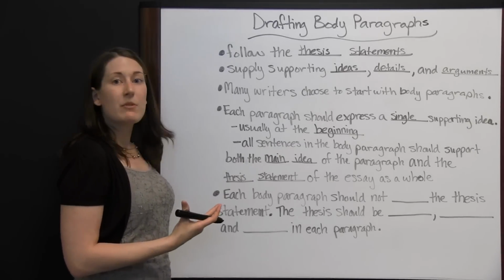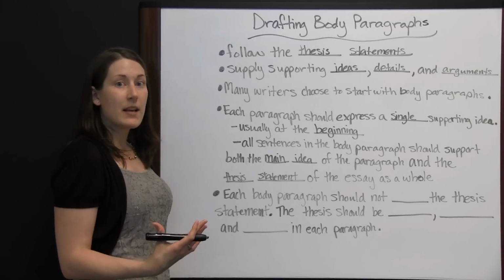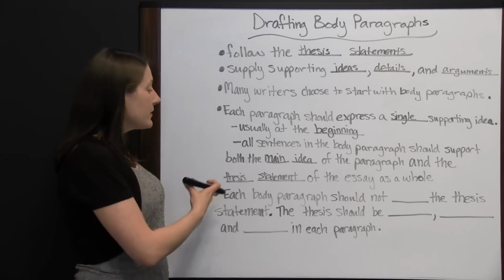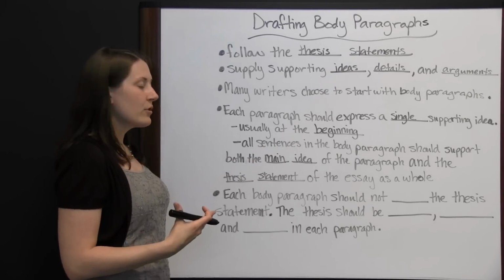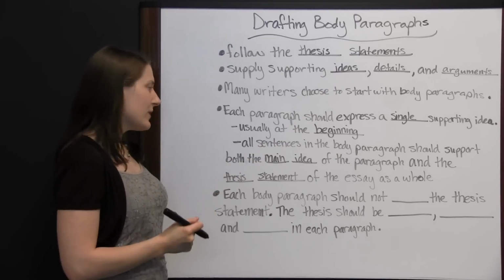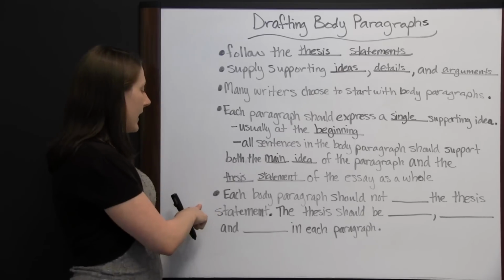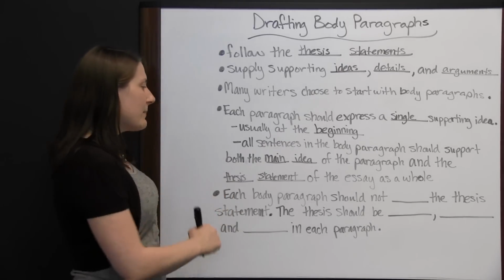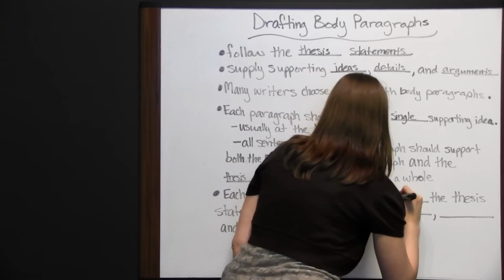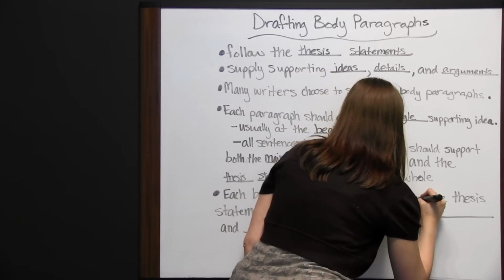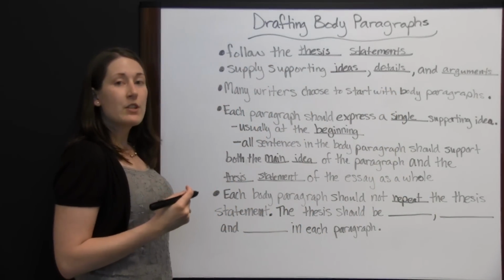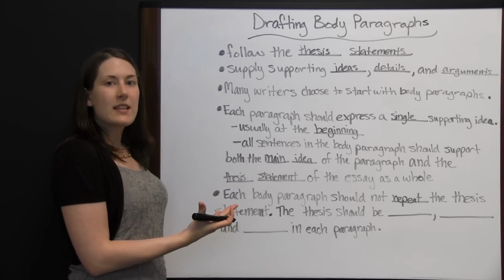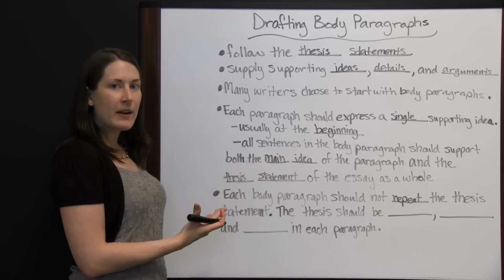Now, your thesis statement was supposed to be broad enough to encompass everything that you're going to write about, so your body paragraphs should be able to support your thesis statement without specifically restating it. And each body paragraph should not repeat the thesis statement. You don't want to repeat your thesis statement over and over throughout your paper. What you want to do is state your thesis statement in the introductory paragraph.